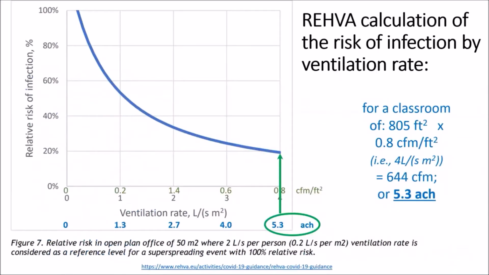And when we look at some of the criteria, the goal for classrooms, according to a European version of ASHRAE, is at least 5.3 air changes per hour. What we just calculated is equivalent to 1.2 air changes per hour and is not that great when it looks at the relative risk of infection.